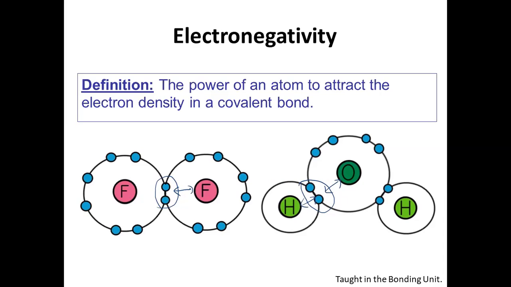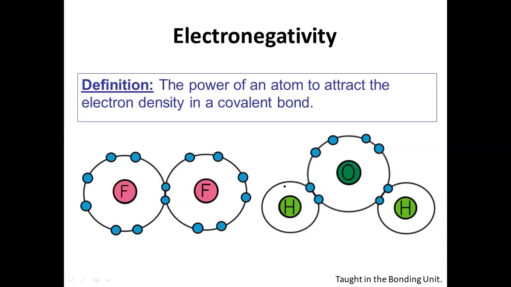In here we've got 2 fluorines, but in here one is a hydrogen and one is an oxygen, so they're different from each other. So one of them may attract the bonding pair of electrons more strongly than the other. I say electron density because it's more preferable than saying an electron or a pair of electrons. This always gives you marks. If you say pair of electrons, it may apply 90% of the time, but not 10% of the time. So I prefer electron density, which applies always.